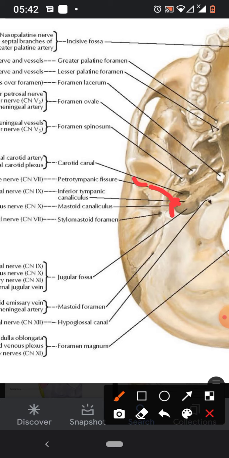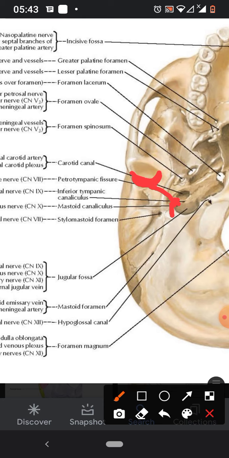So let me clear it to you. This is the mastoid canaliculus, the lateral wall of the jugular fossa or jugular foramen, and it is transmitting the auricular branch of the vagus nerve, which appears at the tympanomastoid fissure. This is the tympanomastoid fissure. So this nerve is appearing over it.